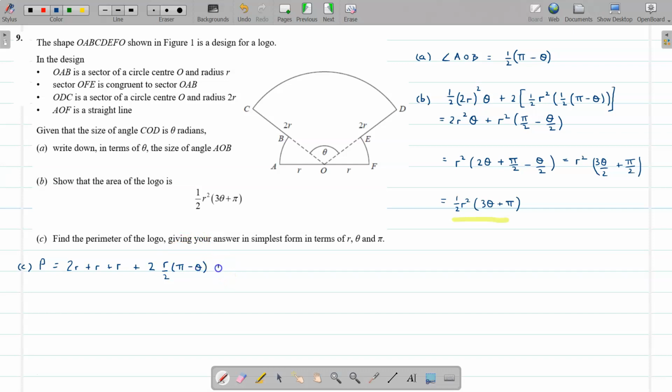And I've also got 2r theta, which is the length of the big arc up here. Now I'm just going to put all that together, and that gives me 4r from the first part plus r times pi minus theta plus 2 theta.